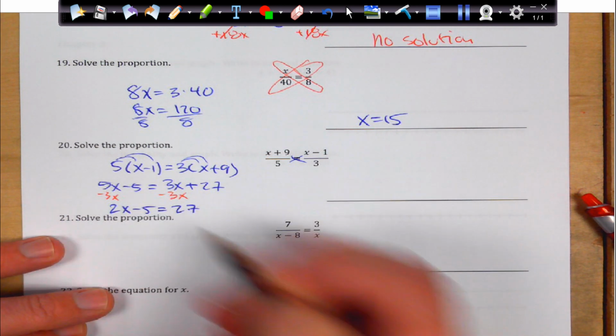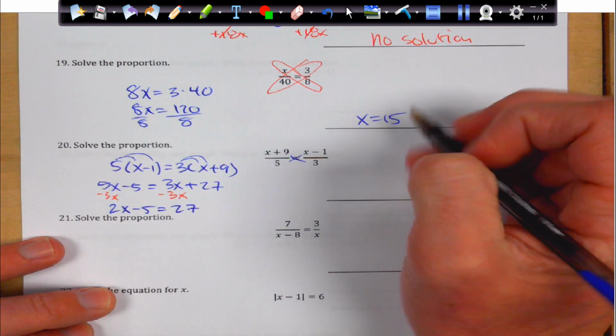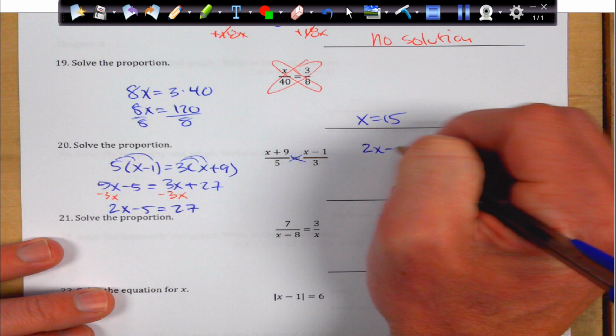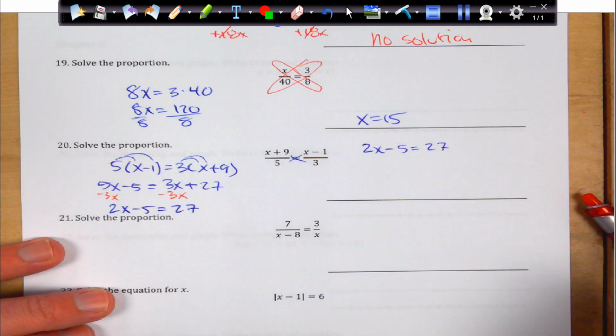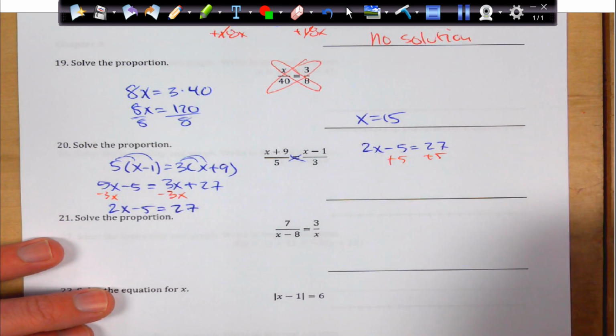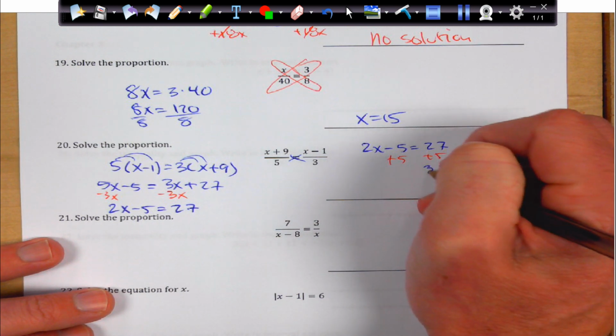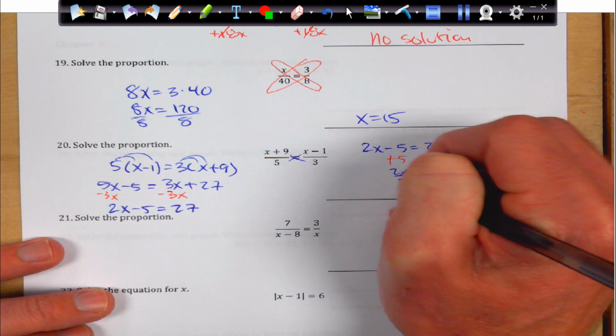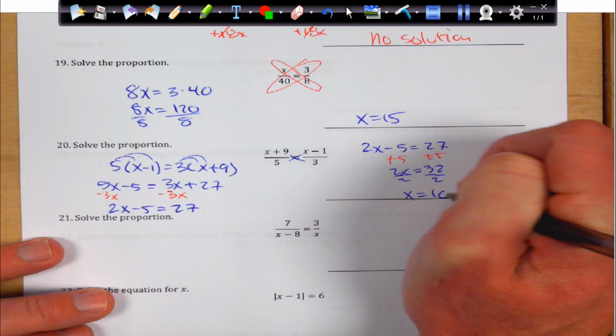And then if I add the 5 over, I get 32, and divide by 2, x equals 16.